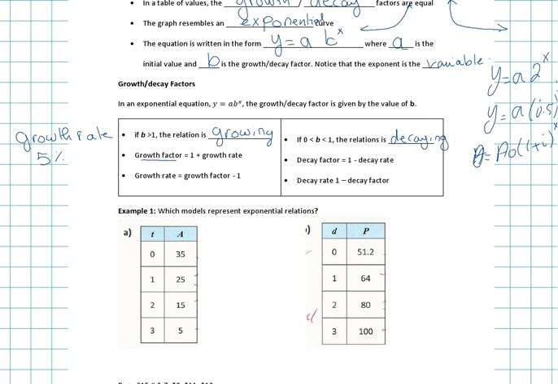What would your growth factor be? 1 plus 0.05, right? So your growth factor is 1 plus 0.05. Okay? So there is a difference between growth factor and growth rate. You guys have to understand the difference.